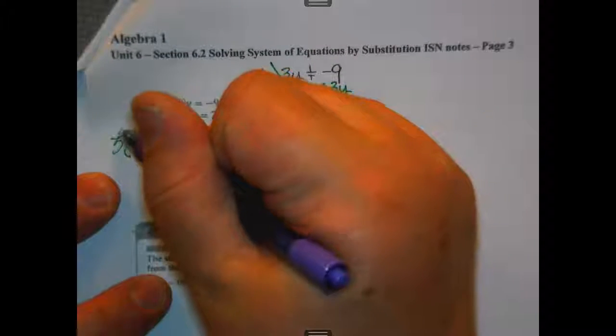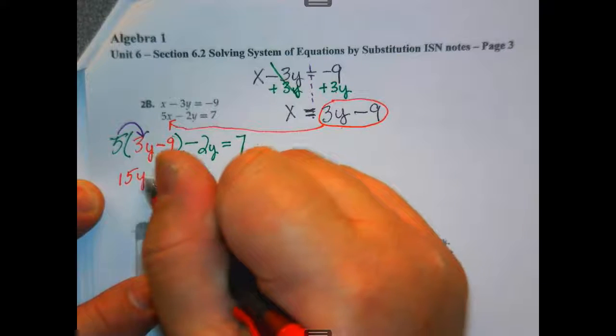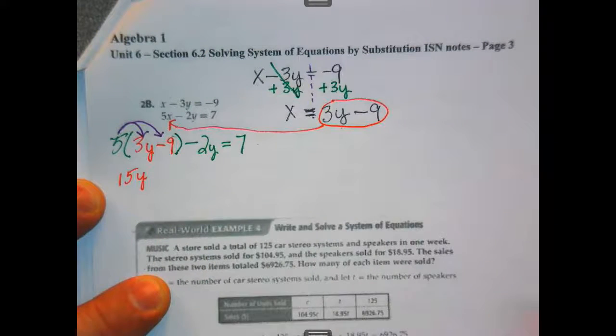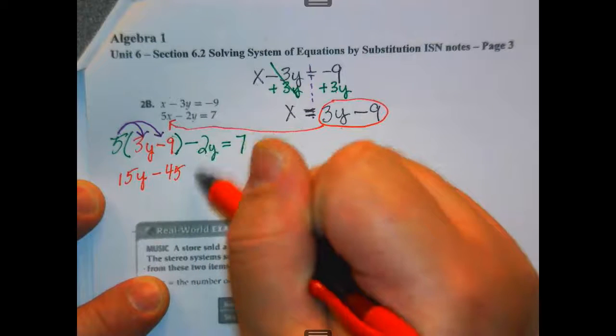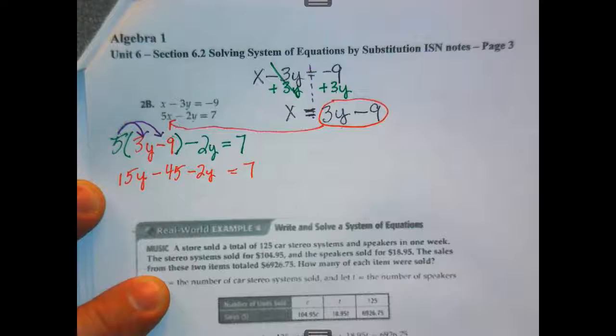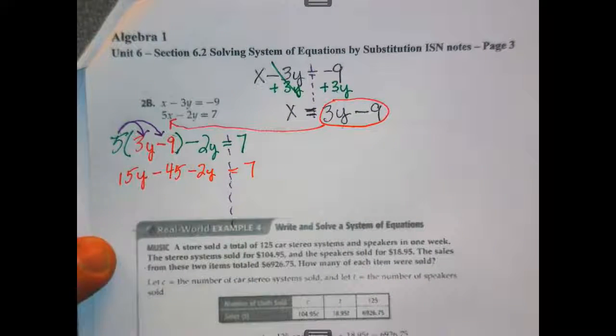Okay, 5 times 3y, 15y, 5 times negative 9, negative 45, minus 2y equals 7. See, we have some terms to combine.